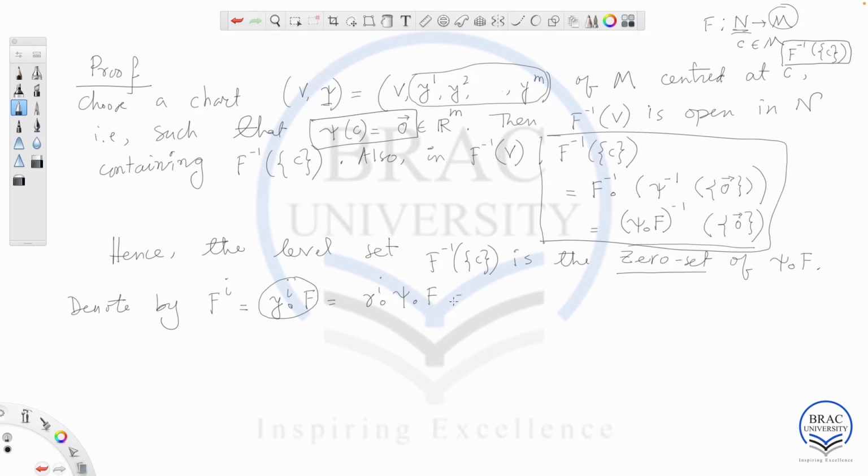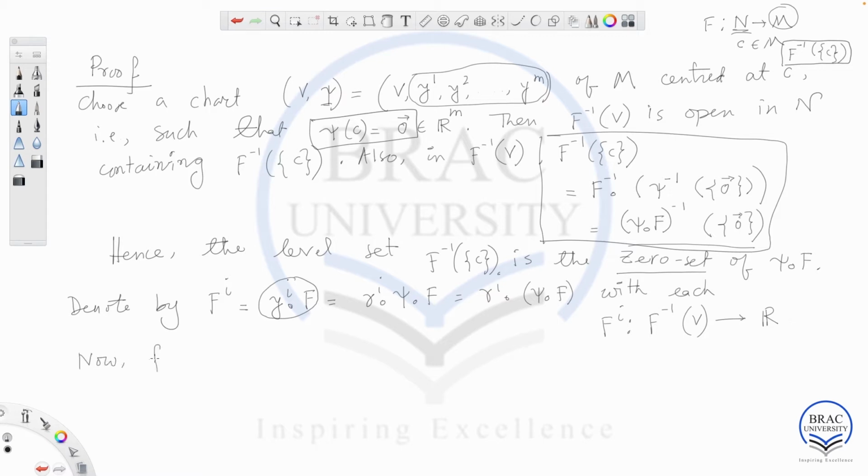So f_i is a map from the inverse image of V under f to the set of real numbers. Good.